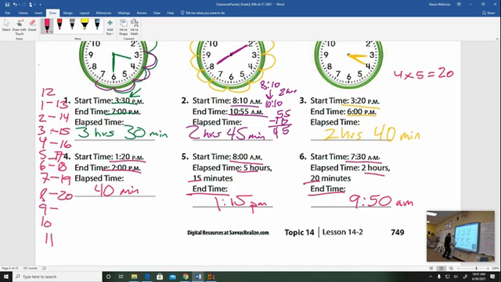Why? Because our military time is based on 24 hours. So when you go back up to that 12, then it's going to be 24. 24 full hours. Yes? How do people tell each other the change in time?